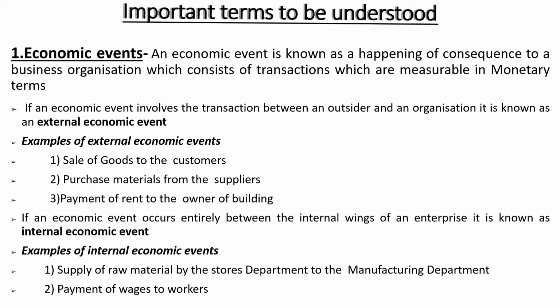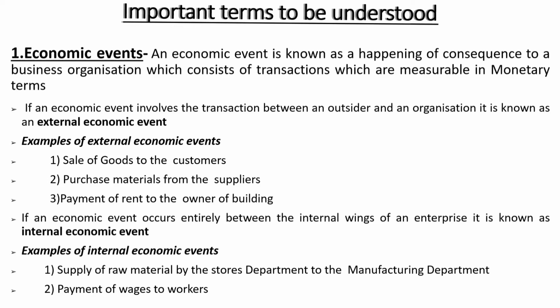External economic events are transactions between an outsider and an organization. Internal economic events are economic events that occur entirely between the internal wings of an enterprise. Examples of external economic events are the sale of goods to customers, purchase of materials from suppliers, and payment of rent to the owner of the building.